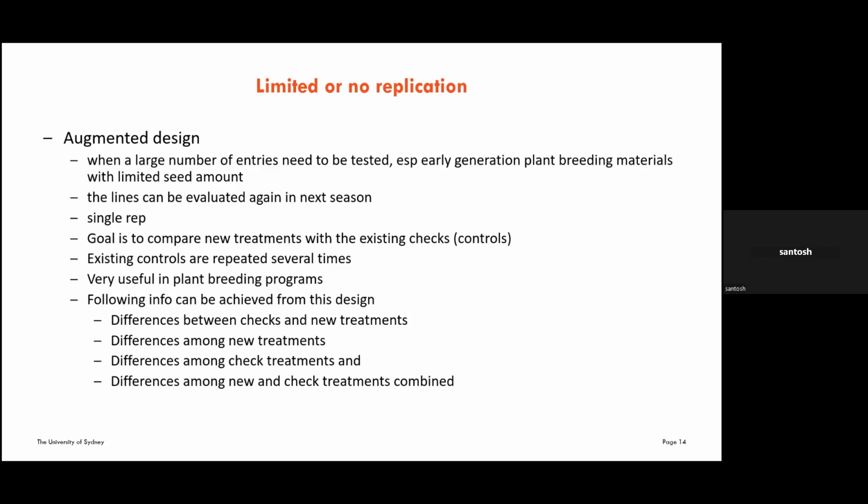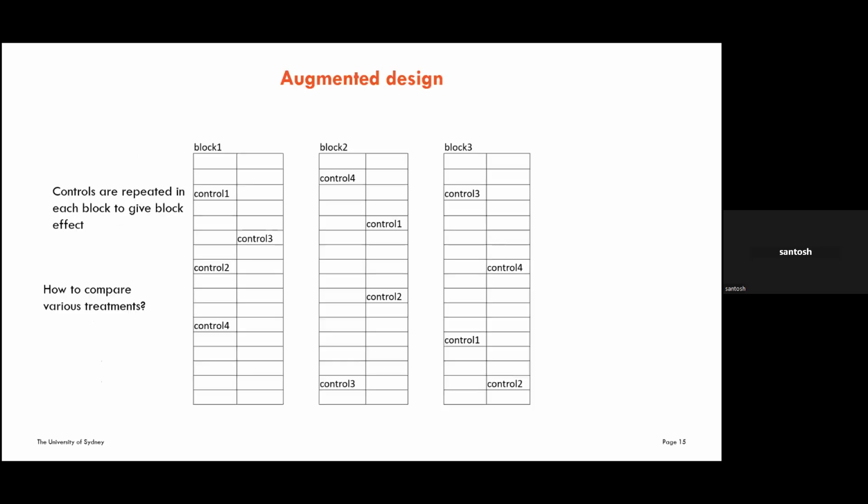But how do we test many lines in a single rep? Because we have multiple checks. I'll show you here. We divide the land into different blocks: block 1, block 2, block 3, for example. And I have different controls here, control 1, 2, 3, 4, randomized in every block.